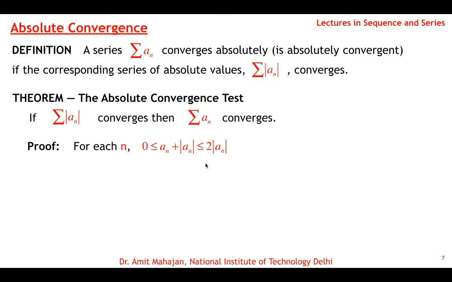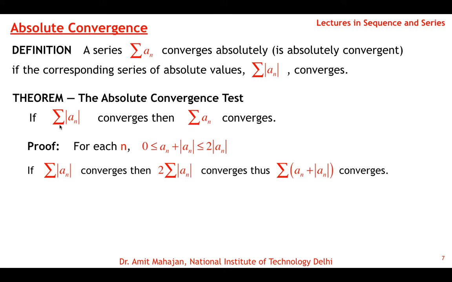Now since the series of absolute values is given convergent, if we multiply the absolute value by 2, then the series of 2 times the absolute value is also convergent, by the result we already know. And since the series of 2 times absolute value is convergent and it's a series of non-negative terms, it must be bounded from above.